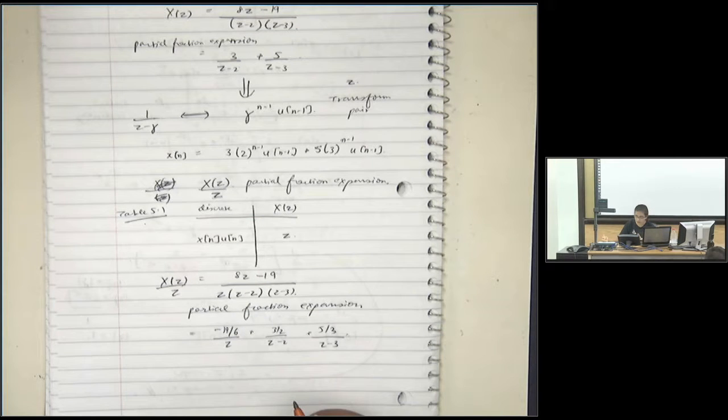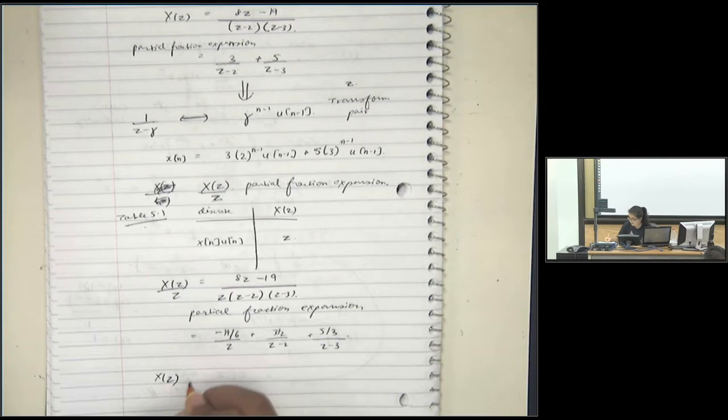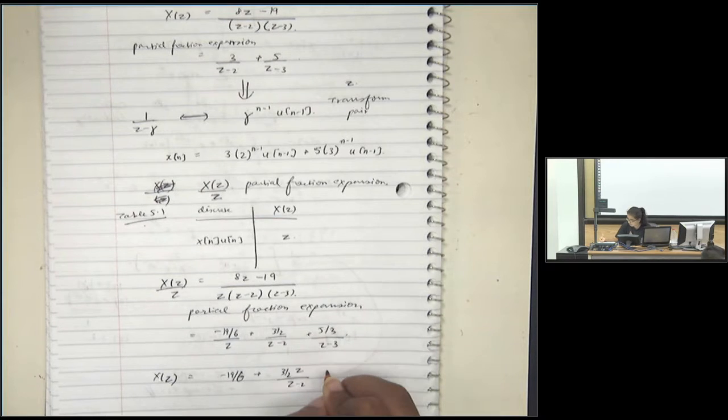Okay, and now we will multiply both sides with z, so we'll get X(z) back. We'll have minus 19 over 6 plus 3 by 2 z over z minus 2 plus 5 over 3 z over z minus 3.